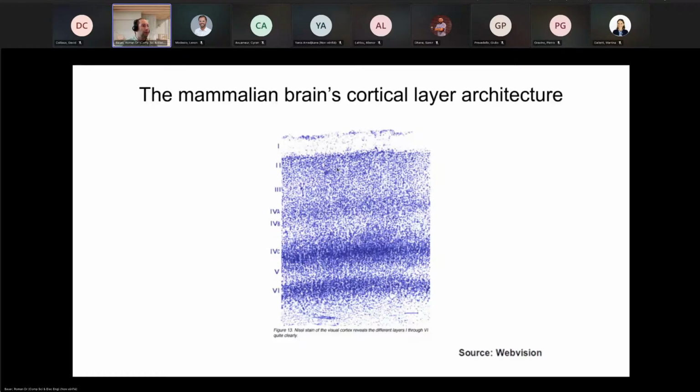And here you can see with a Nissl stain the brain of, I think, a cat. You can clearly see that there are different layers of cells. So the cytoarchitecture is different for different layers, and we broadly summarize this as 6 layers of neocortex. And so the question that we addressed is, can we create with agent-based modeling a model that can explain how this architecture develops or self-organizes?